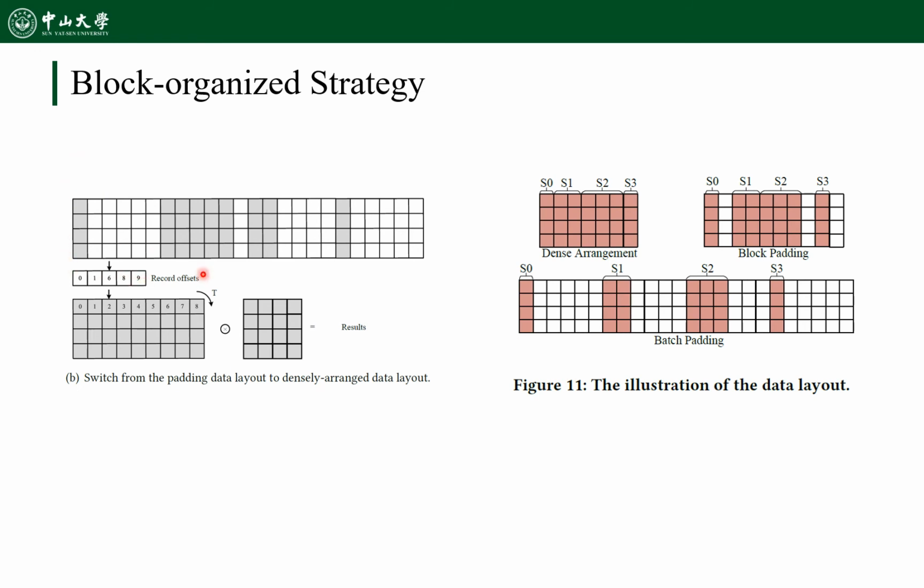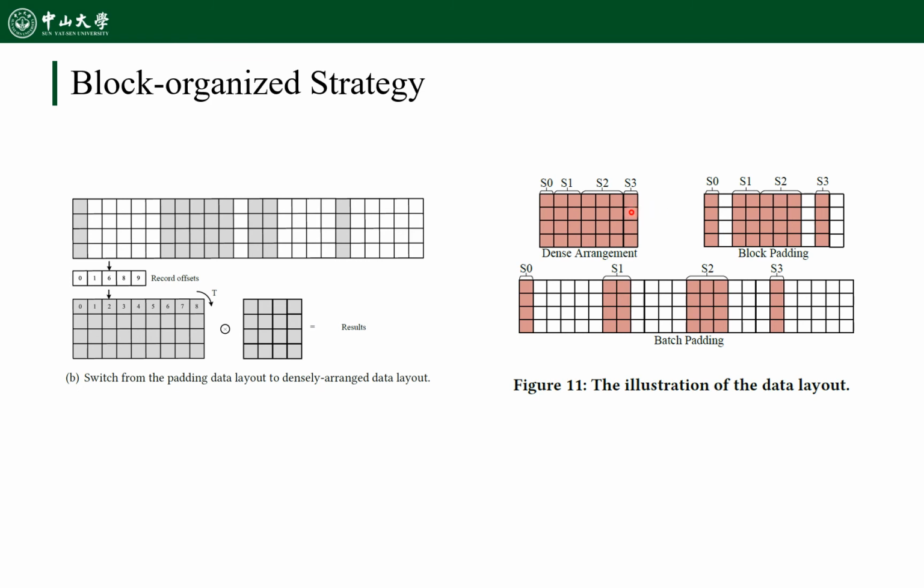To reduce the data movement overhead, we organize the data layout of the self-attention layer in the granularity of blocks. Here we call it the block padding layout, like this, block padding. The block padding only pads essential values required by the fine-grained strategy of the self-attention layers.